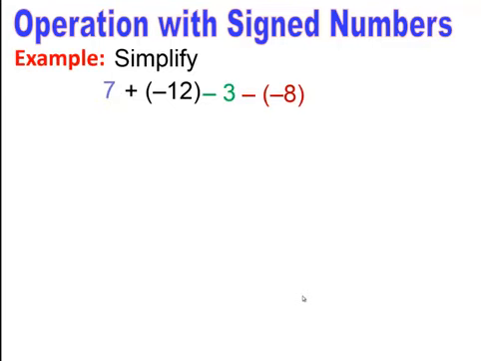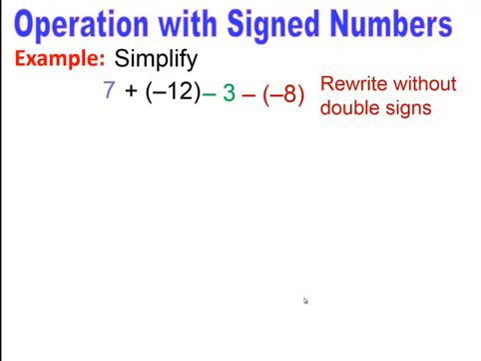Now when you have multiple operations going on or multiple addition and subtraction problems, you want to take care of them from left to right. But before you do anything, you want to remove the parentheses. We're going to rewrite this problem so that there's no parentheses in it.